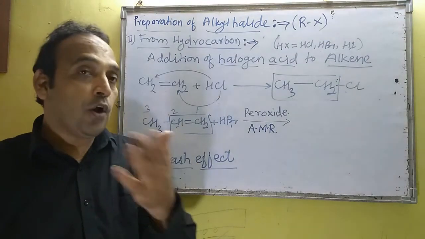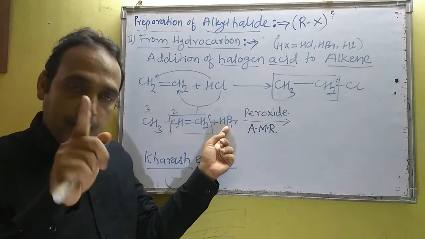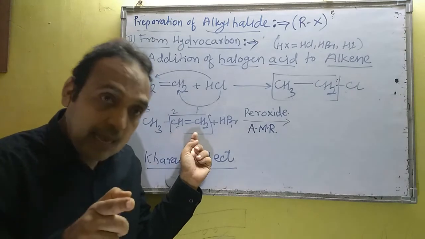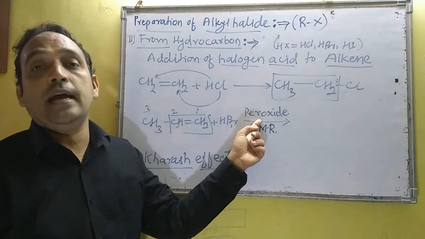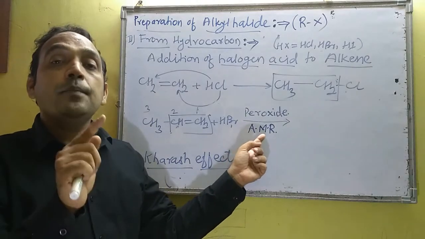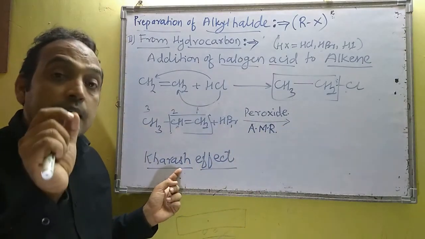So what is the peroxide effect or Kharash effect? When an unsymmetrical reagent is added to an unsymmetrical alkene in presence of peroxide, addition will take place according to anti-Markovnikov rule. This effect is called the Kharash effect.